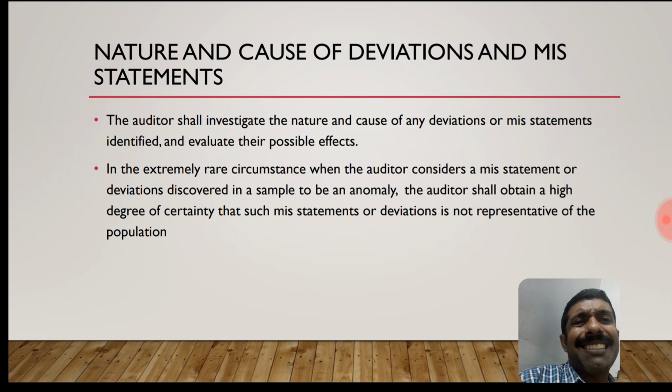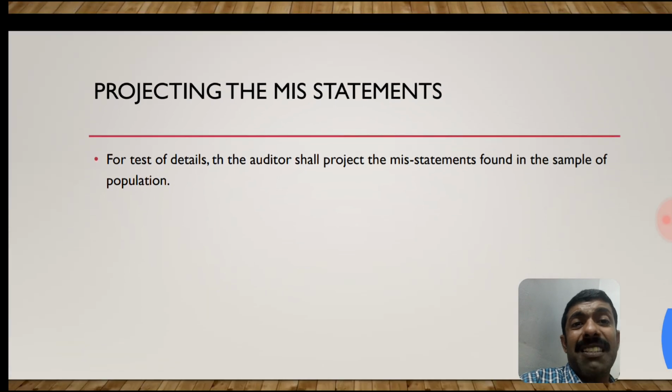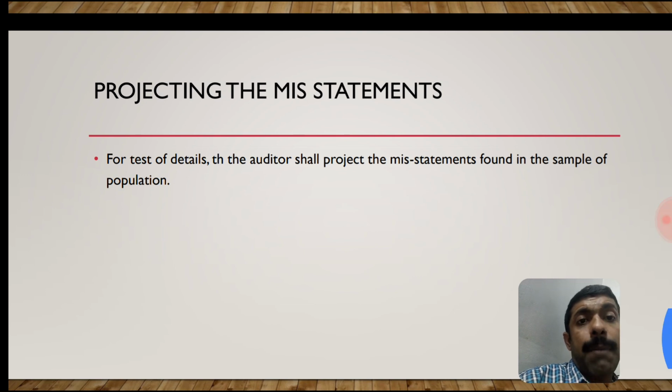In the extremely rare circumstances when the auditor considers a misstatement or deviation discovered in a sample to be an anomaly, a hidden bug, the auditor shall obtain a high degree of certainty that such misstatement or deviation is not representative of the entire population. Projecting the misstatement: for test of details, the auditor shall project the misstatements of samples to the population.